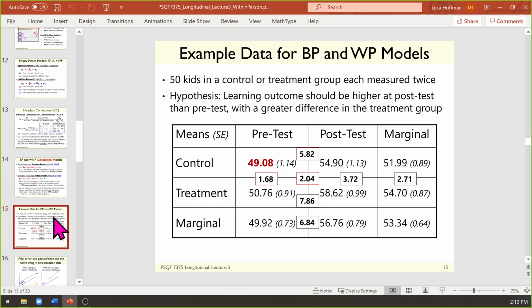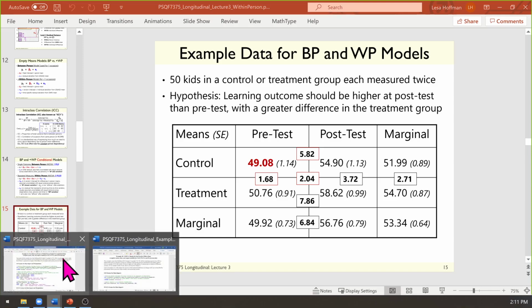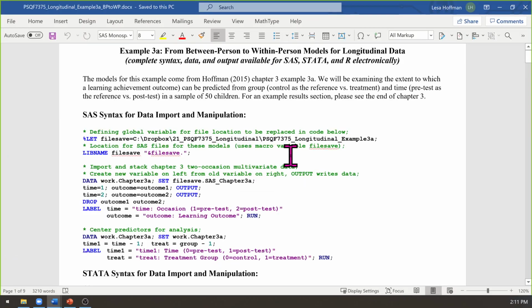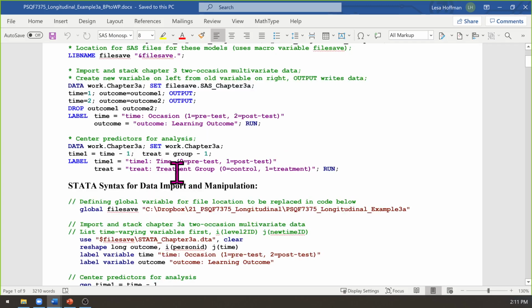And then we started looking at an example of what happens to the test of the fixed effects when you have a U included versus when you don't. And I think that was about where we started. We introduced the setup for this example last time, the code to stack the data into one row per occasion per person, and to create predictor variables that are dummy coded.